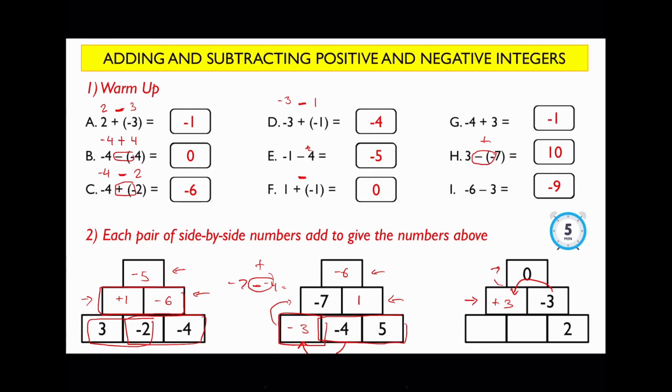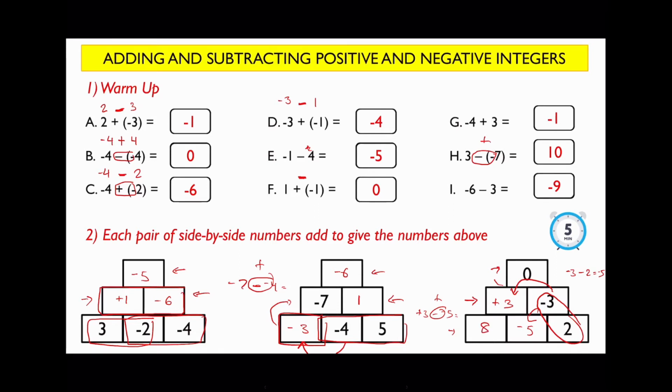So now that I've got that, I can find out what these two numbers are going to be, because I know that this and this must give you this. So negative 3 take away 2 is going to equal negative 5. So negative 5 is over here. And to get what this one over here is, it's going to be positive 3 take away negative 5. These are the same, so this becomes a positive. 3 plus 5 is equal to 8.